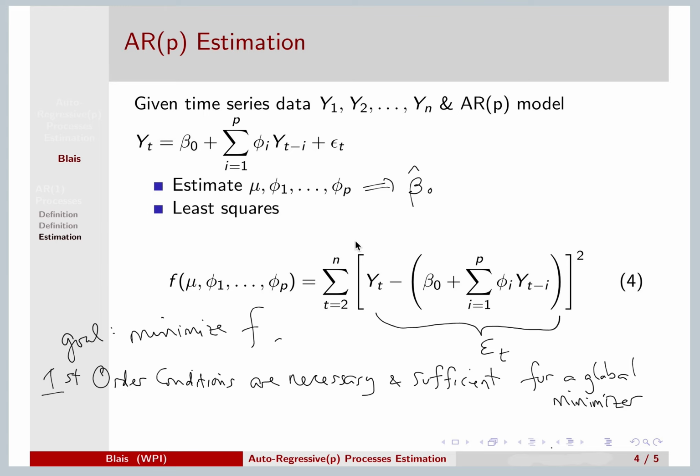So what that means is your first order condition of taking the gradient of f and setting it equal to 0, if you can solve this, then the resulting solution for mu, phi 1 up through phi p gives you a global minimizer of this least squares function.